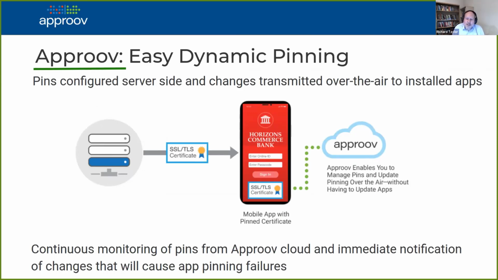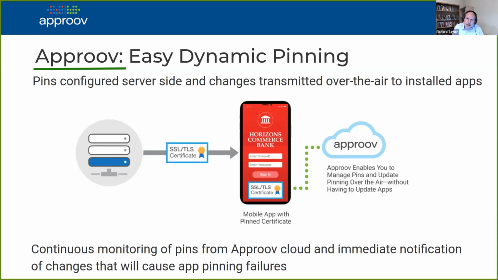So the idea is that there's the Approve SDK that runs inside the mobile app, and that SDK is responsible for talking to a cloud service that we run. Part of the information transmitted from that cloud service is what we call a dynamic configuration.